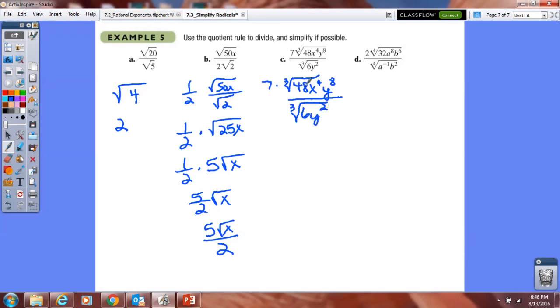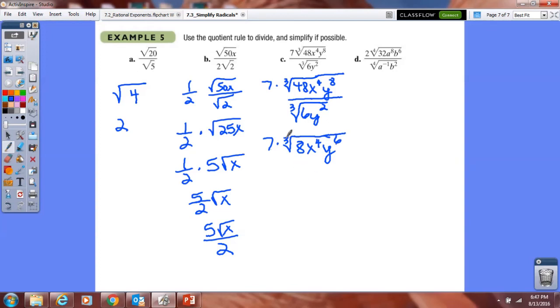Alright, 48 divided by 6, so we'll leave the 7, is going to be the cube root of 8. Here we're going to leave x to the 4th, and we're going to use our quotient rule of exponents that says we can subtract the exponents when we're dividing. So when we subtract, that gives us y to the 6th.